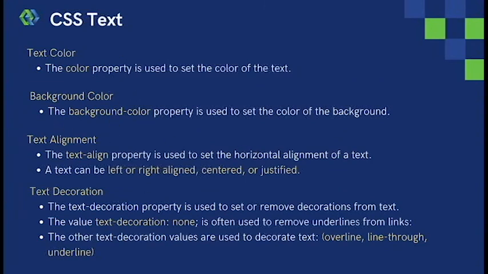Text alignment, the text decoration, kung na siya decoration, you can remove the value sa text decoration. You can use the none. The text decoration values are used to decorate text. So ito yung mga overline, line through, or underline. Mas lang samples sa text decoration.